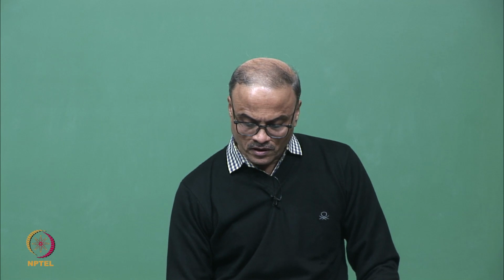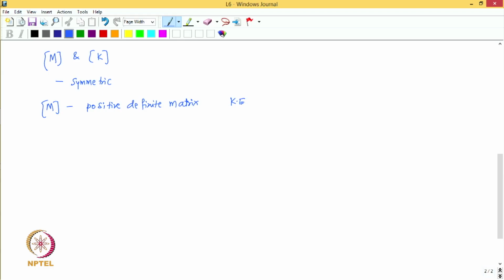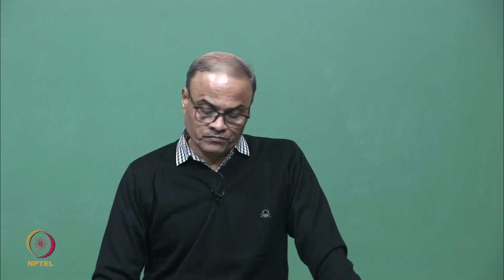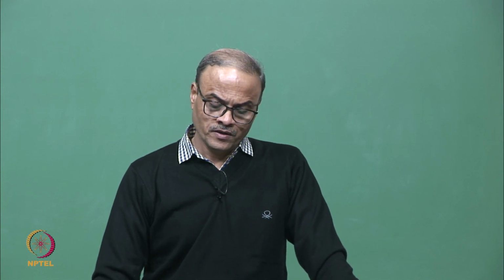For example, if you look at the kinetic energy, which is given by half x dot transpose M x dot, this is in the form of a quadratic term, right. So, it is seen that the kinetic energy is always non-zero for a non-zero velocity vector, right.